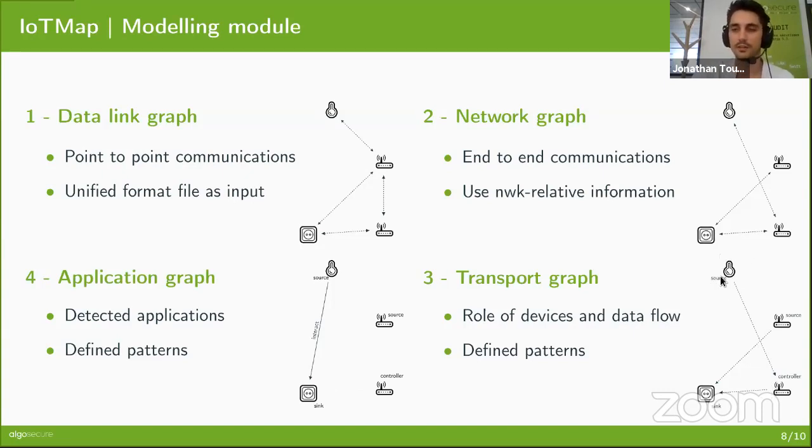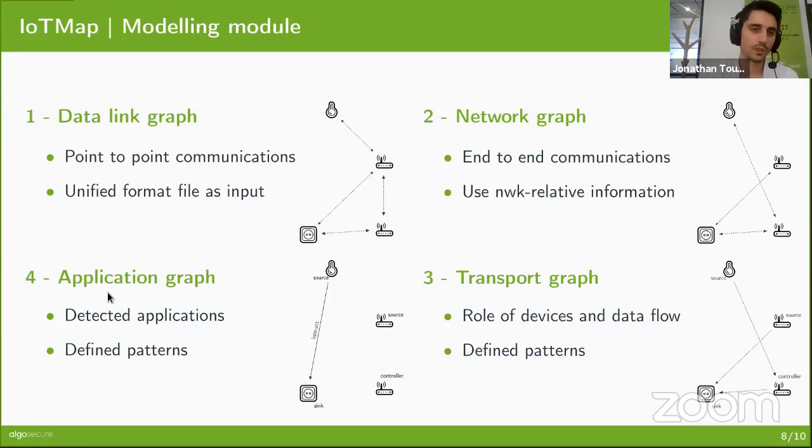And we tag the light with the source role and the router with the controller role. We have 3 different roles: source, sink, and controller. To determine the role of a device, we define some patterns we apply to the network graph to produce the result, as we can see here.